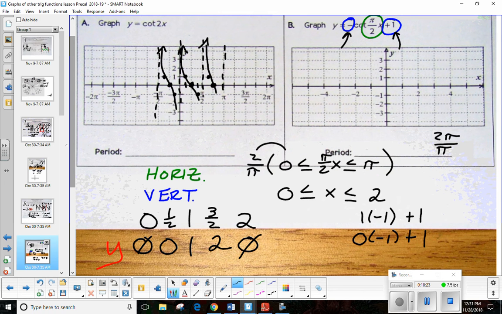Well, where are my asymptotes? We got one at 0, and we got one at 2. Let's graph the other points. So 1/2, 0. Then I have 1, 1. And then I have 1.5, 3/2, 2.